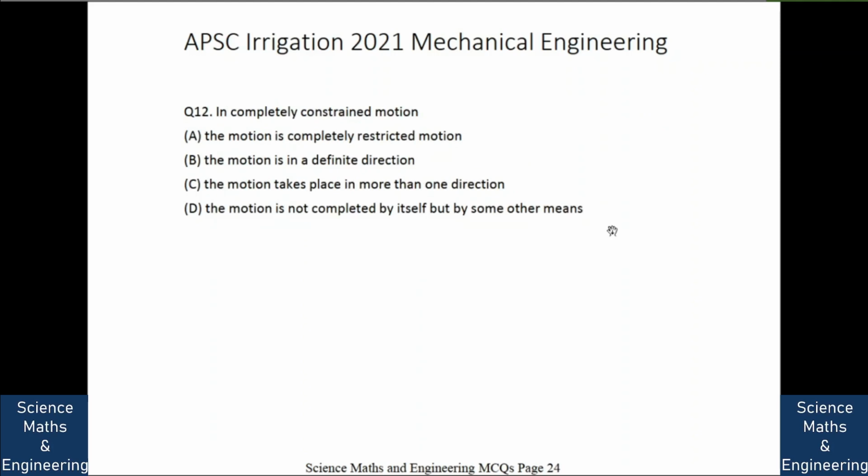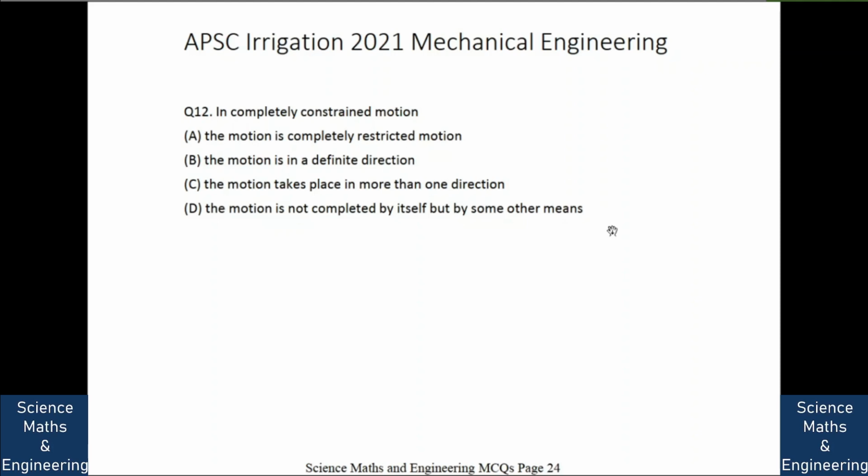In completely constrained motion: A, the motion is completely restricted motion; B, the motion is in a definite direction; C, the motion takes place in more than one direction; or D, the motion is not completed by itself but by some other means. So you can pause and think of the answer.